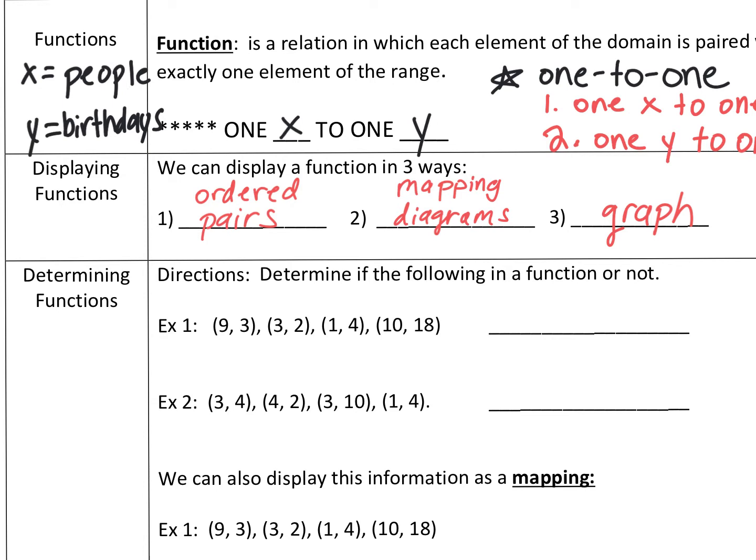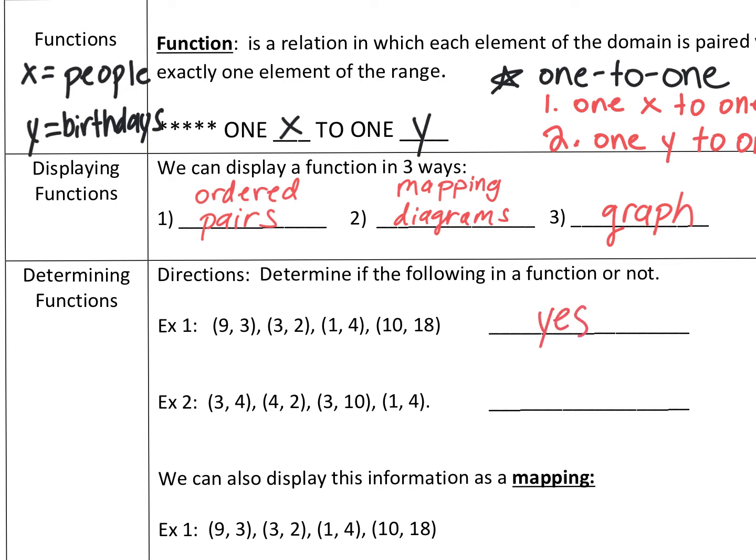Okay, so what I want you to do, look at example 1 there. Don't say it out loud, but just look at it and tell me, is that going to be a function or no? What do we think? How many of us think yes? Anybody not think it's a function? All right, we're golden. Yes, this is a function.